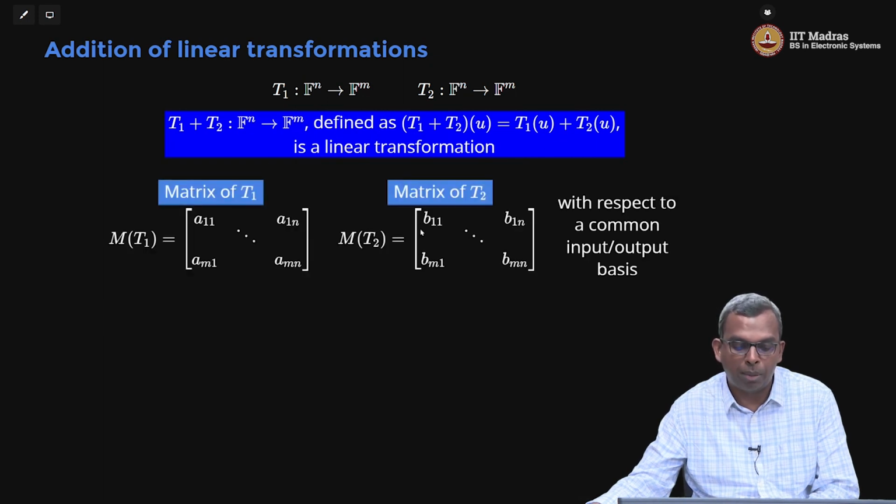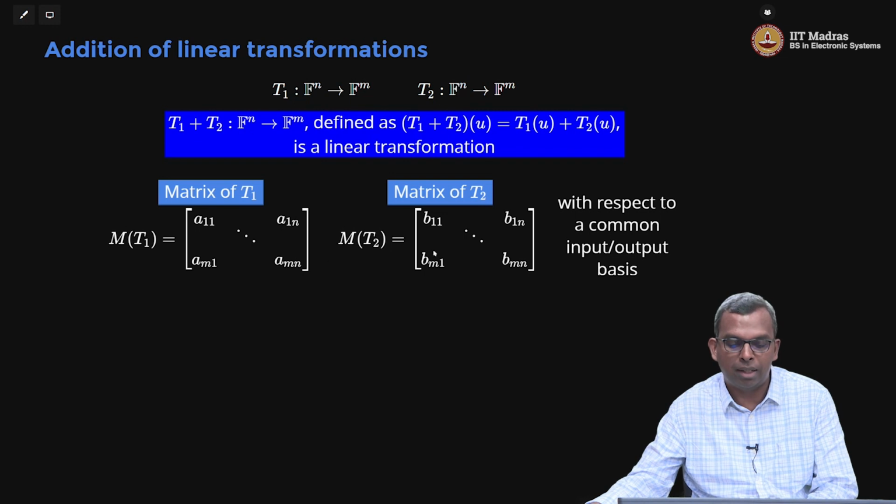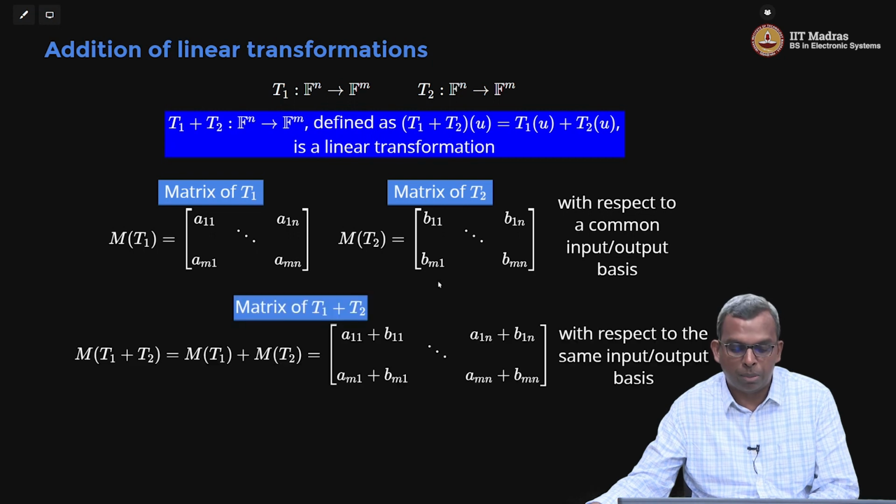And if you look at it in the matrix world, if matrix of T1 is A11 to AMN and matrix of T2 is B11 to BMN, in this matrix, the basis has to be common. Okay, only then it makes sense to think of them together. If you keep changing the basis here and there, then things change quite a bit, but you keep the basis the same, and then when you decompose u with respect to that common basis, you will get very similar matrix addition, and matrix of T1 plus T2 with respect to the same input output basis will become the same.